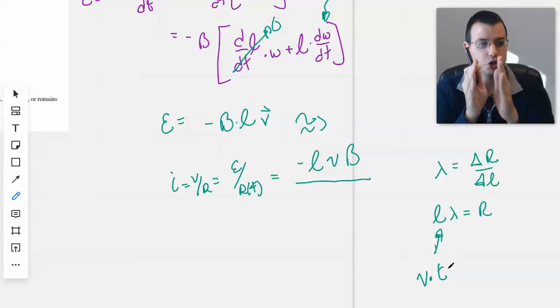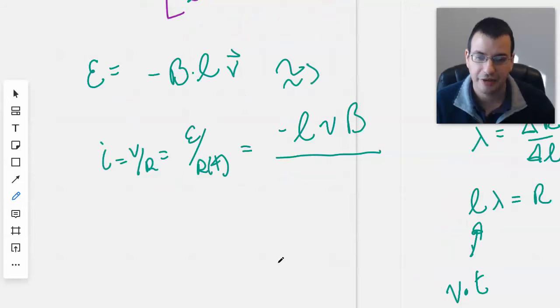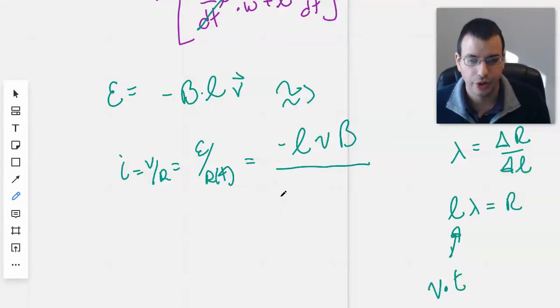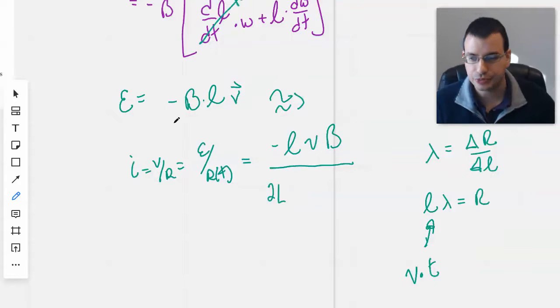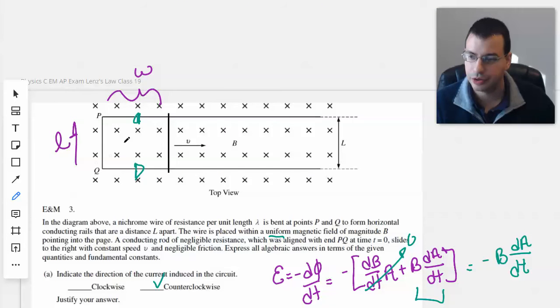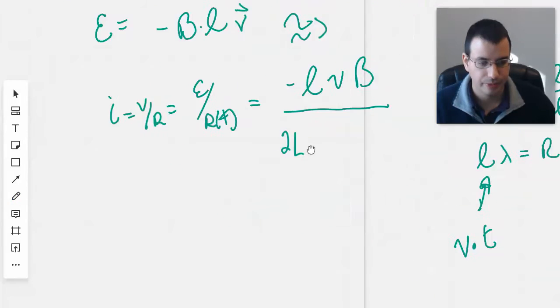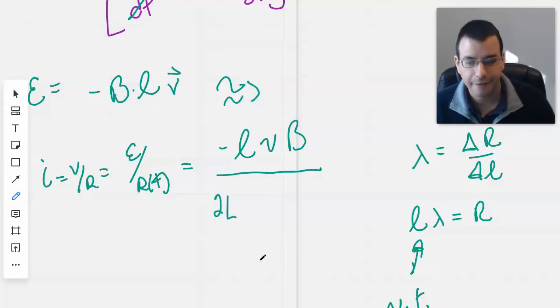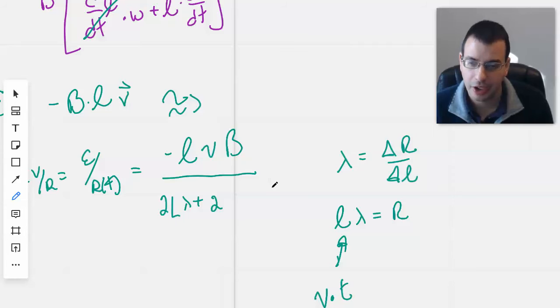So as the bar is traveling, it's going to be picking up more and more resistance. So we're going to have the resistance due to the bar, 2 times length times lambda, plus 2 times, let's see here, we do velocity times time.